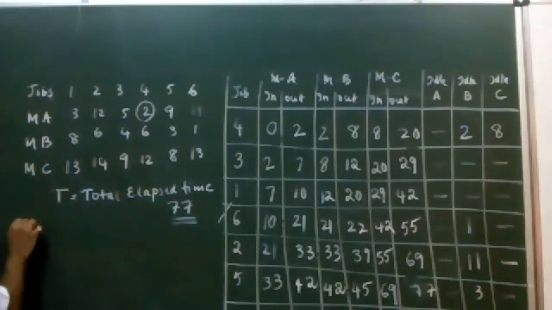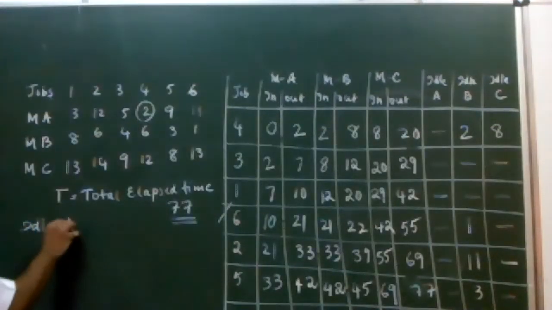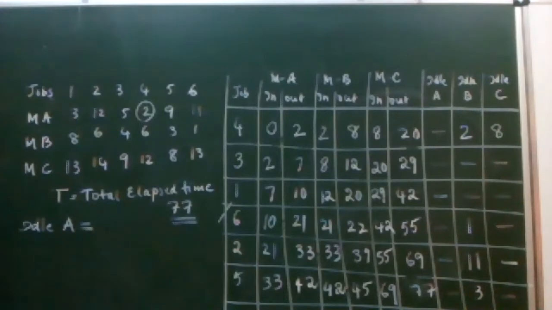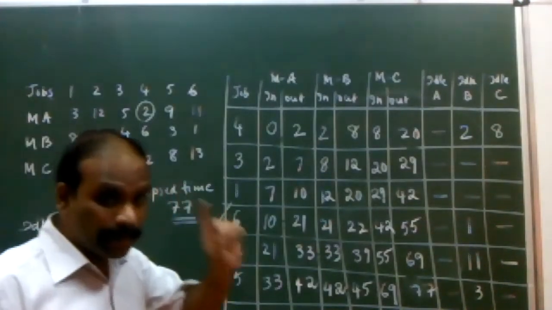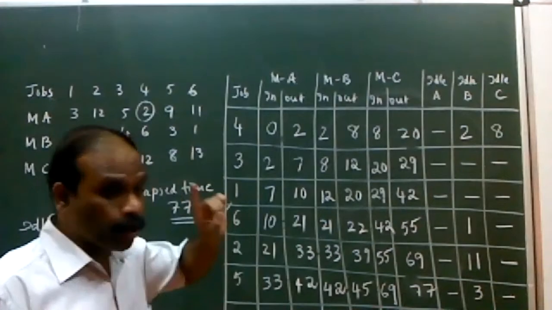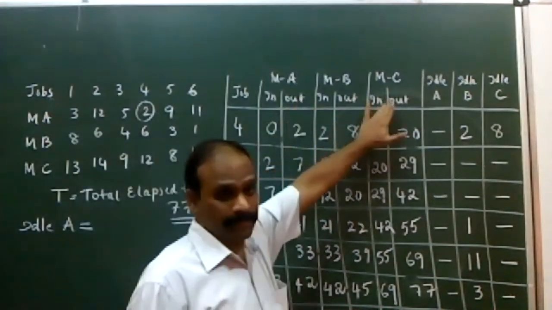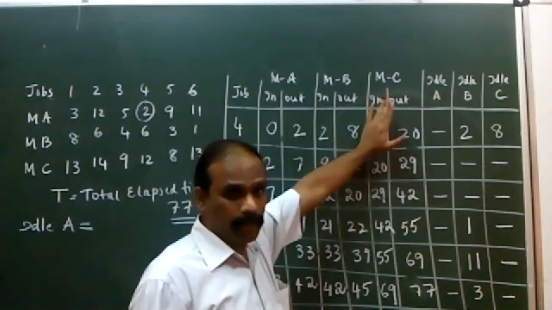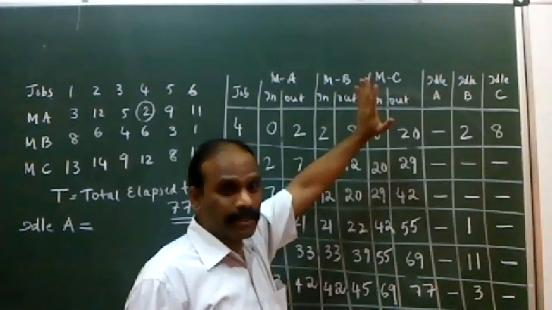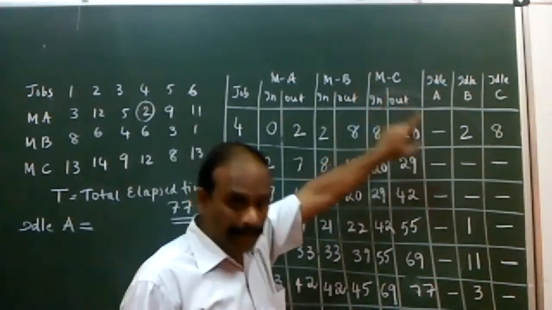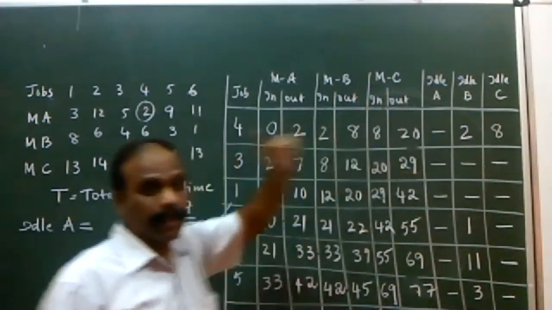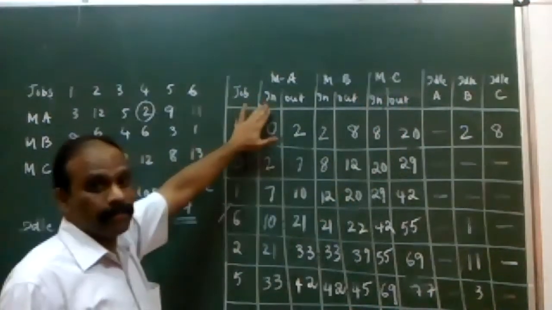First is the idle time for machine A. What is the formula for the idle time for machine A? Very simple. The time at which the last job on machine C completed minus the time at which the last job on machine A completed.